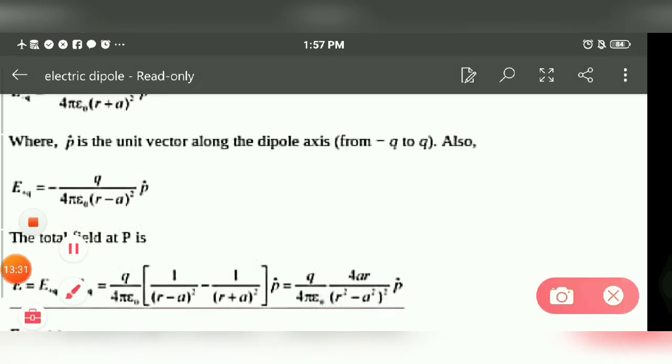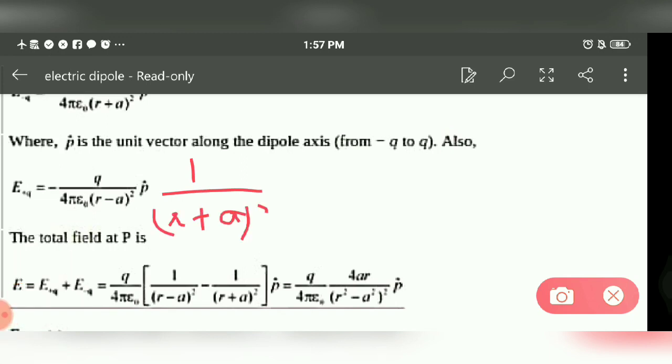So what do we get, or I can solve it for you. This is minus 1 by (R plus A) whole square plus 1 by (R minus A) whole square. We are going to solve this.